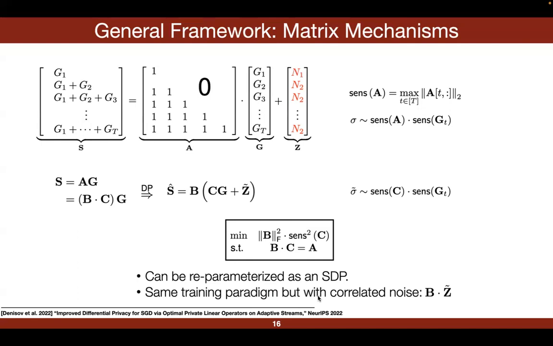The only thing we need to change is the way we generate noise. We only need to generate correlated noise in this way. So this is very elegant, right? We don't need to do anything except add some correlation to our DP noise. This will give us a huge improvement.